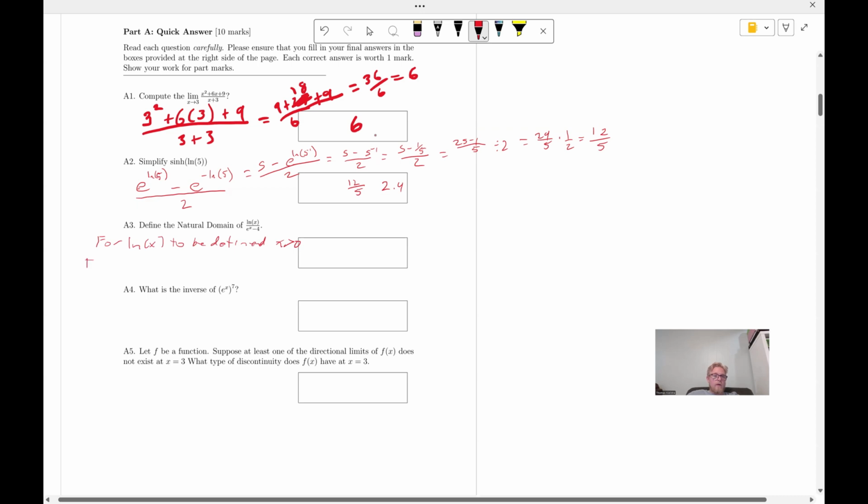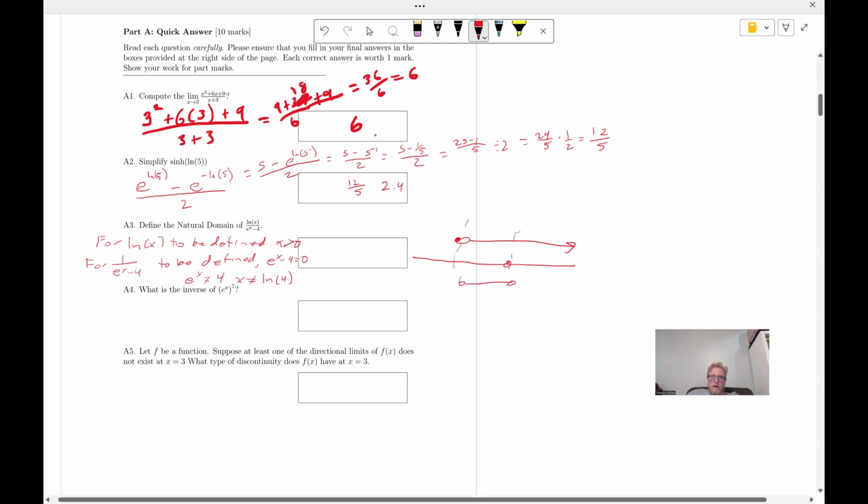And for 1 over e to the x minus 4 to be defined, e to the x minus 4 does not equal 0. e to the x does not equal 4. x does not equal ln of 4. Then I'm going to draw an open circle at 0 and an open circle at ln of 4. Combine these two.